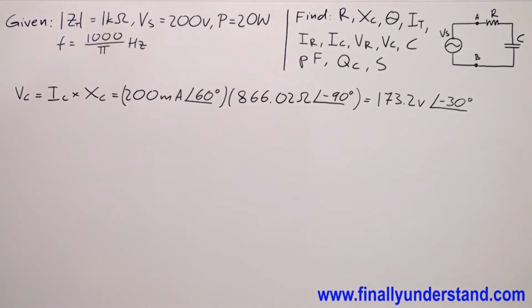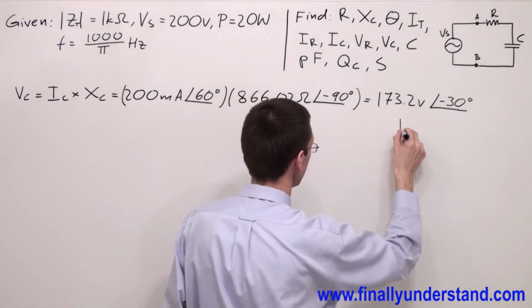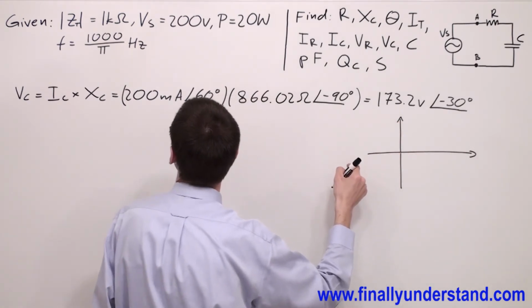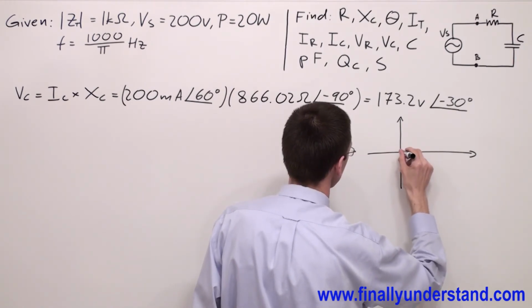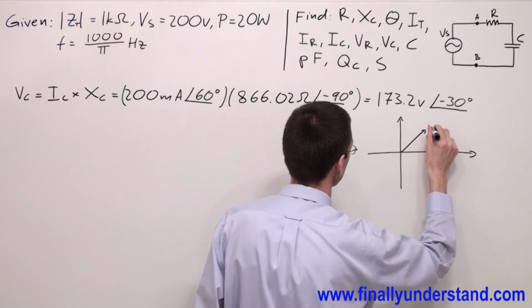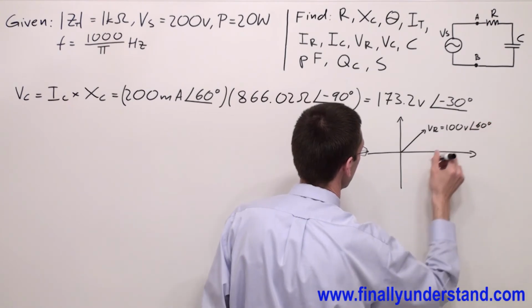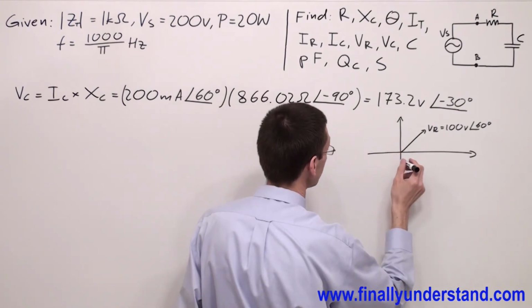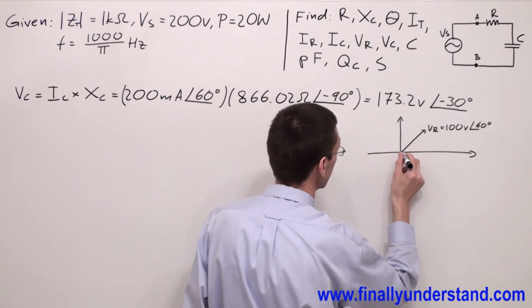So, please notice that if you are going to draw the phasor diagram for voltages, you are going to have voltage across the resistor, VR, approximately 100 volts, and angle of 60 degrees, and we have voltage across the capacitor equals 173.2 volts and angle of negative 30 degrees.